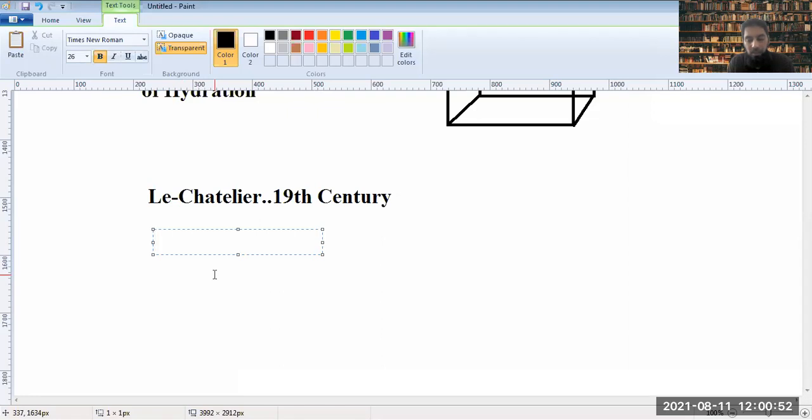So this is one way of noting down whether your cement has reacted or not, whether it has hydrated or not. There could be more methods of determining whether the hydration is complete or not, but they are then strength-based methods and other methods which will give you the actual change after 28 days, after 7 days.